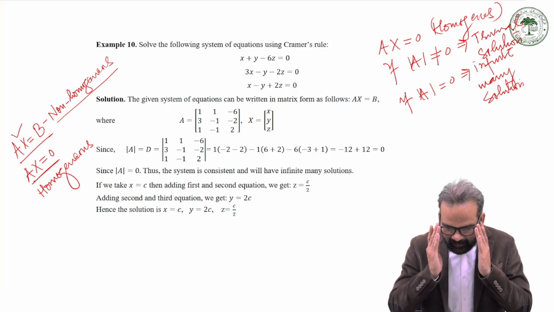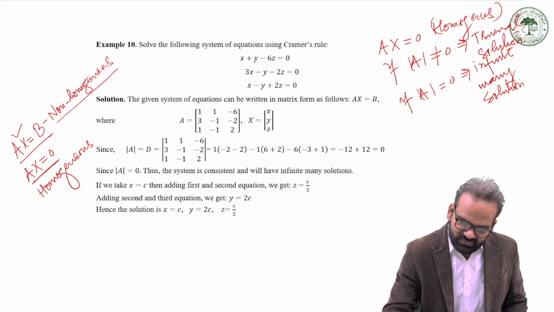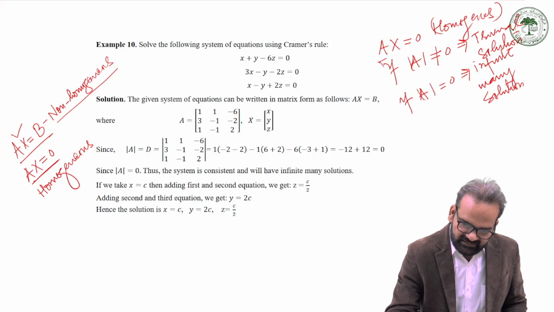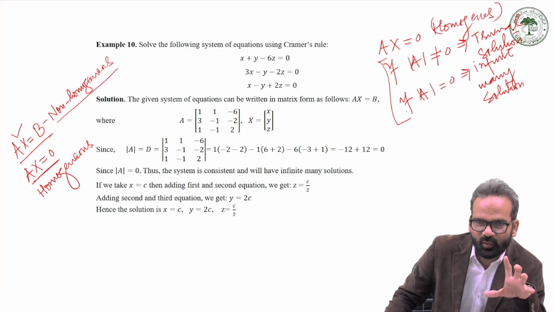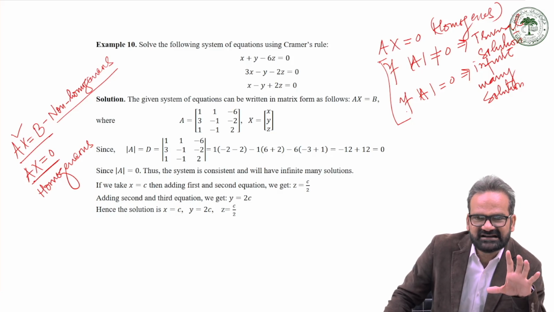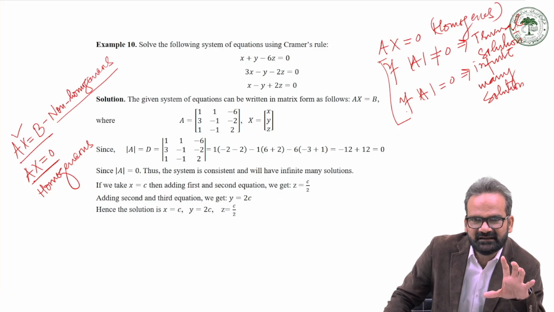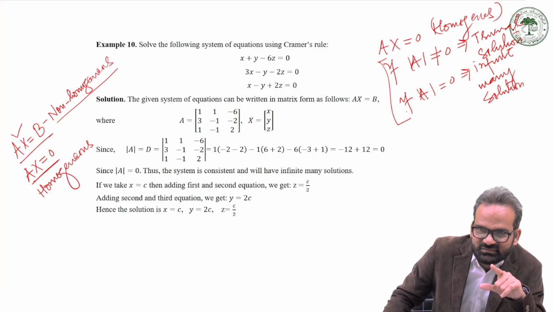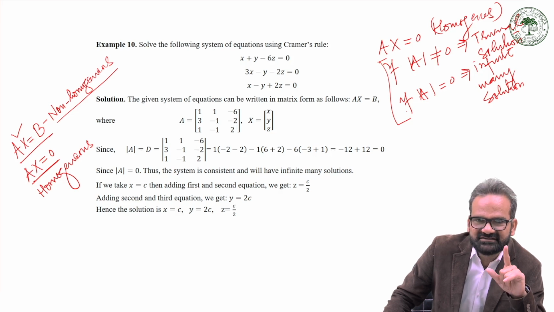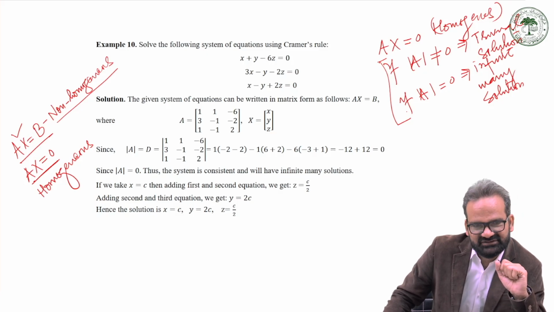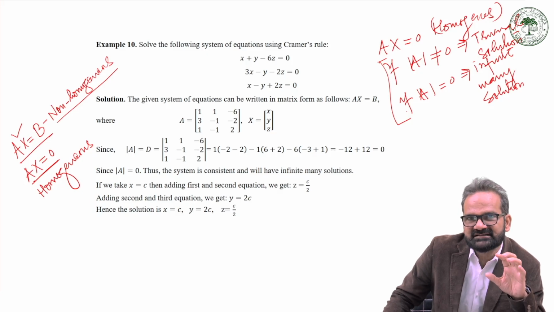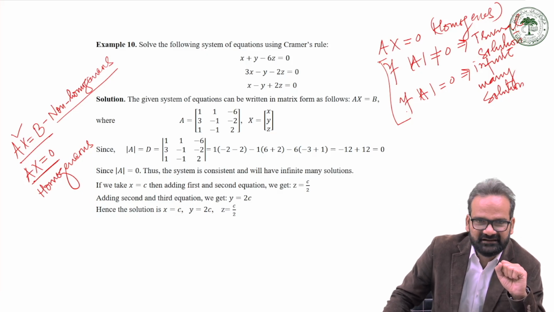If you look at these two conditions, we observe that whenever a system is homogeneous, it is always consistent. Consistent means it will always have a solution, because condition 1 gives you a trivial solution and condition 2 gives you infinitely many solutions. So any homogeneous system is always considered a consistent system.